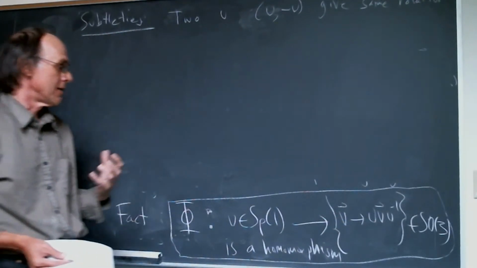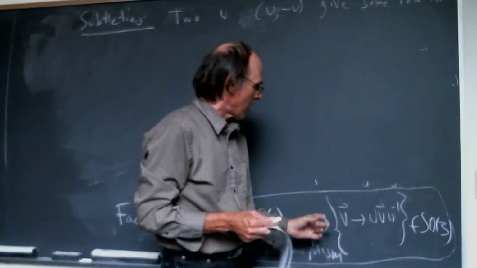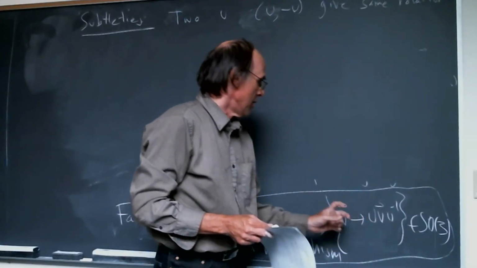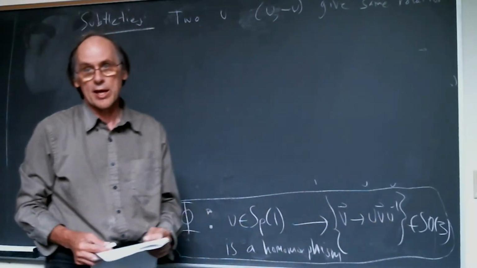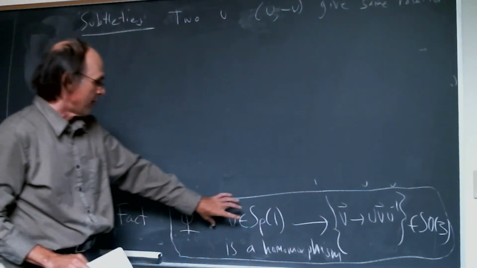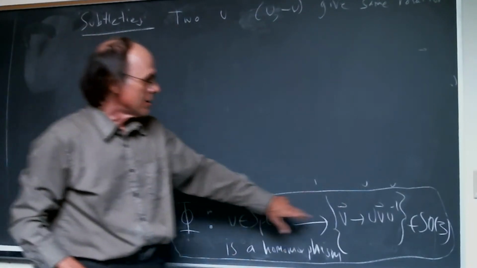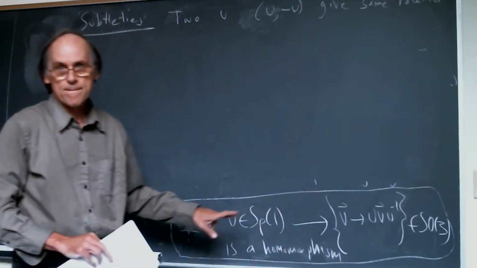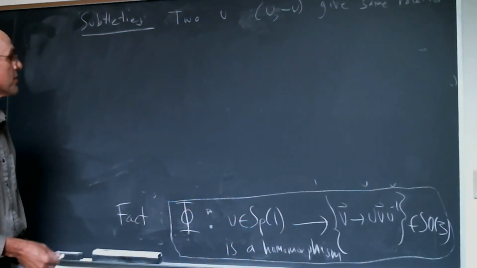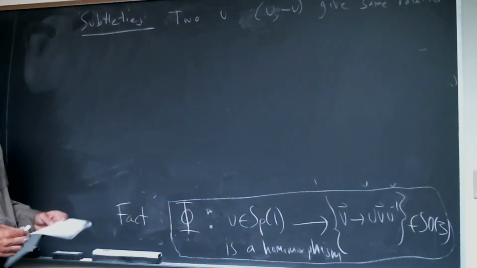It turns out there are exactly two unit quaternions that correspond to the same rotation. So this map from the group Sp1 to the group SO3 is a 2-to-1 map, and so it's what we call a double cover.